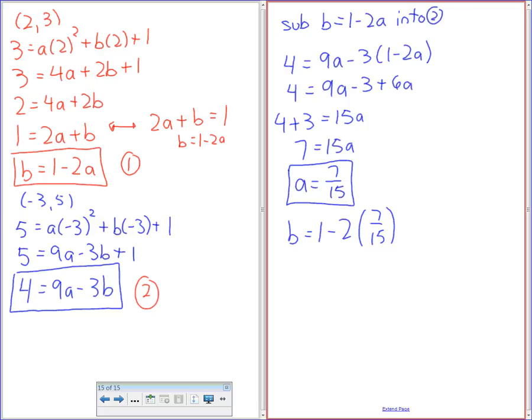Can someone remind me how I do 2 times 7 over 15? Shannon, go ahead. Yes, I guess technically, or 14 over 15 first, right? So I'd probably do this as 15 over 15 minus 14 over 15, right? But eventually you're going to do that. So, okay, b is 1/15. So I have my a, I have my b, and my c. What does that tell me about the world?